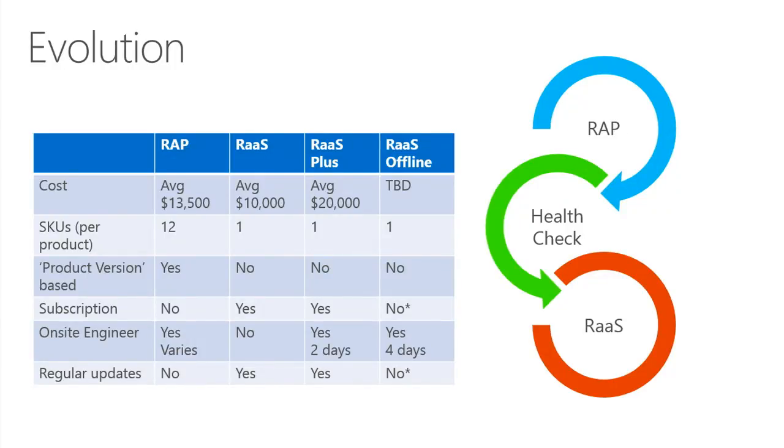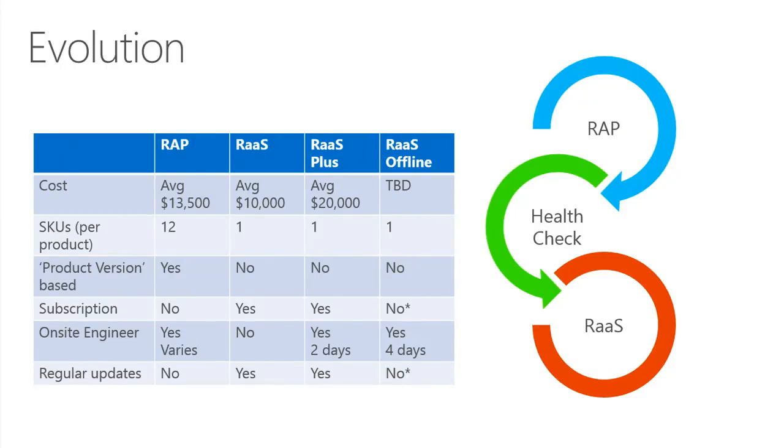Now, the one I haven't really talked about here is the offline version of RAS. For customers, typically government, military, and financial, who don't allow data to leave their data centers, we're introducing the offline RAS. It's going through pilot with AD and SQL, which have just completed, and at the end of March we're expecting Lync to have that capability as well.